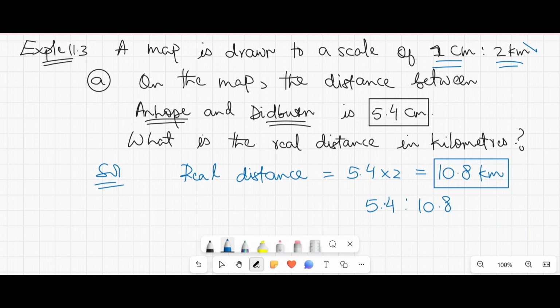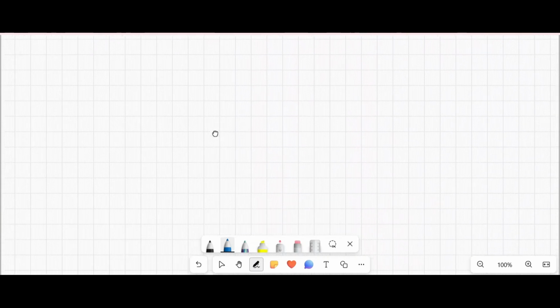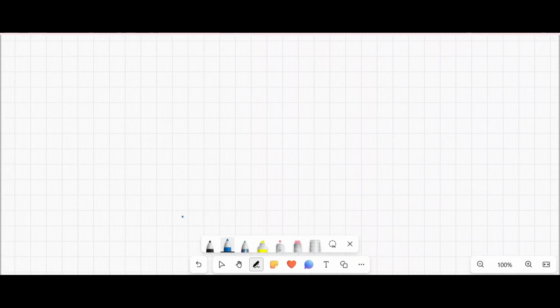The simplification is that you divide both sides by 5.4, and you will get the 1 centimeter to 2 kilometers ratio back. So now part B of 11.3. Then we have part C.